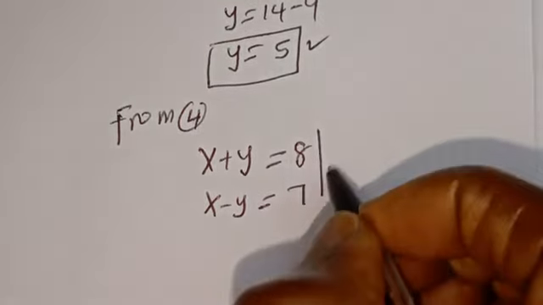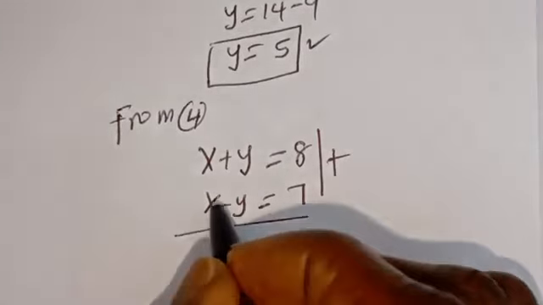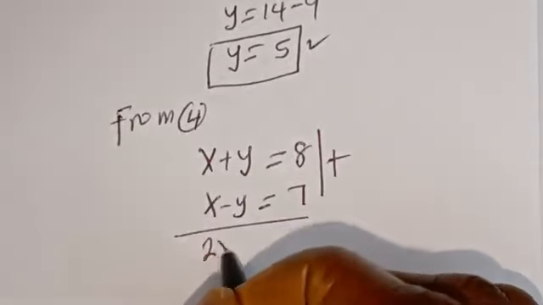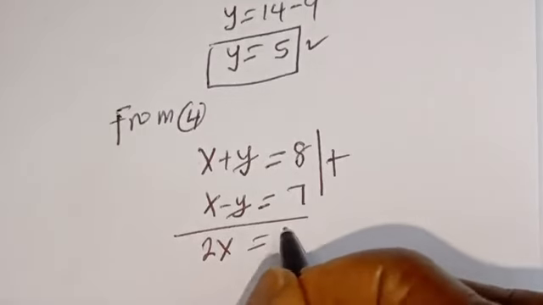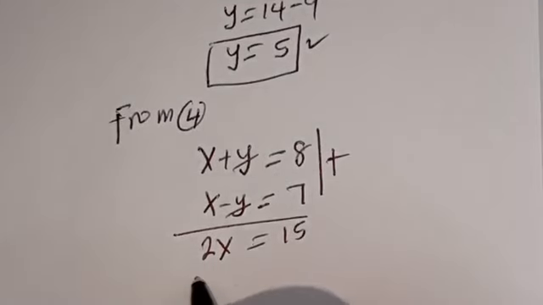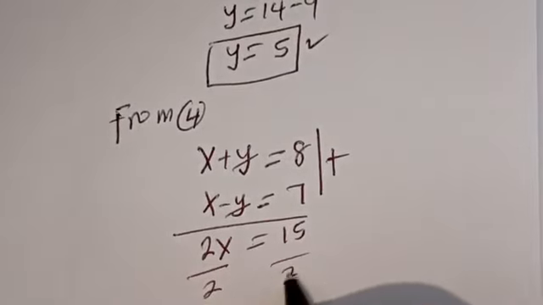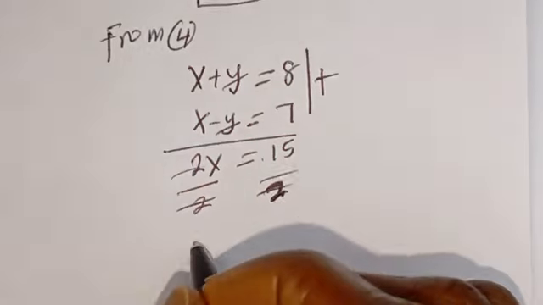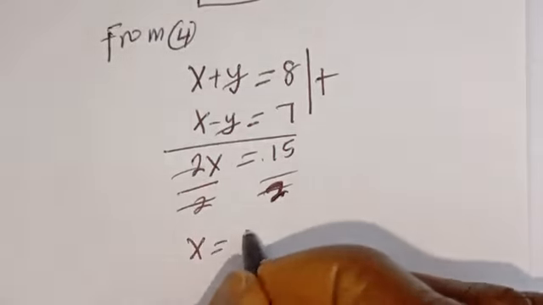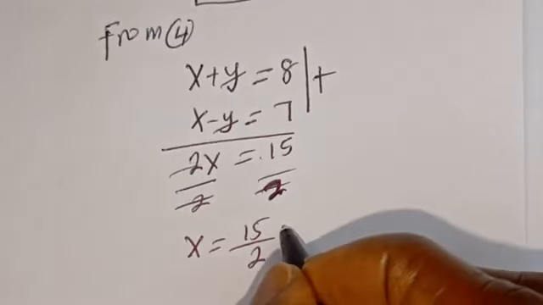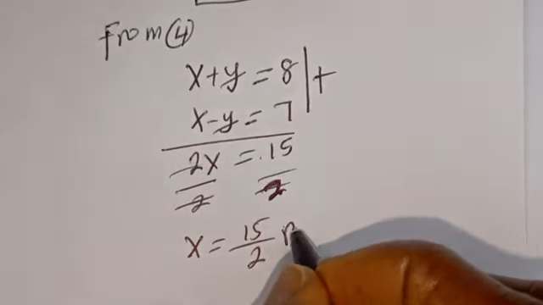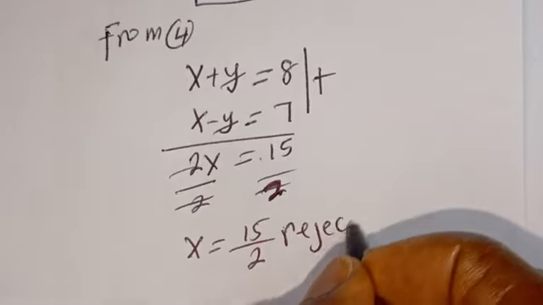Now from here we can add the two equations together. x plus x, this is 2x, this will cancel this. 8 plus 7, that is 15. Let's divide both sides by 2. Divided by 2, this will cancel this. This x is equal to 15 divided by 2. And of course, this is not a natural number and it is rejected.